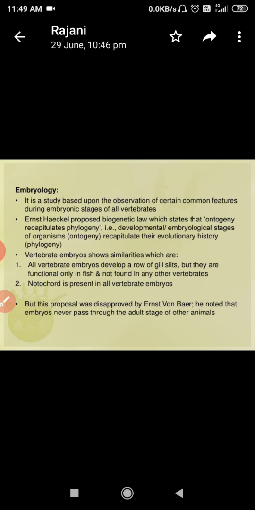All vertebrate embryos develop a row of gill slits, but they are functional only in fish and not in any other vertebrates. And notochord is present in all vertebrate embryos. So these are some evidences of embryology, but this proposal was disapproved by Ernest von Baer.